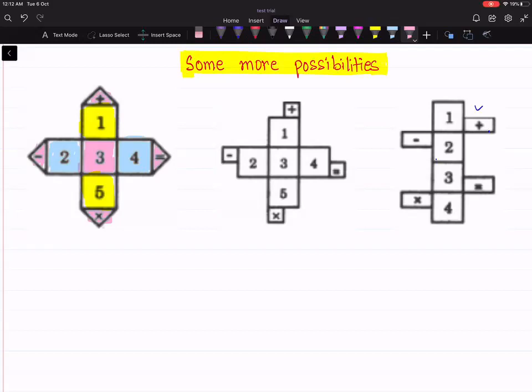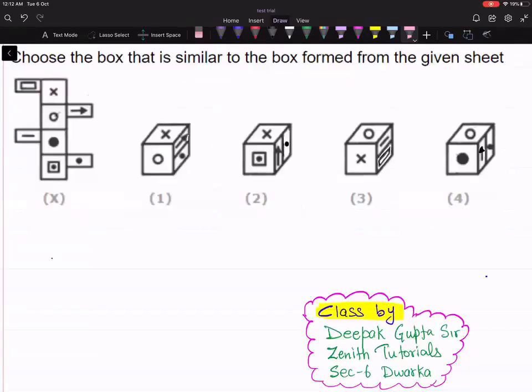So this is the question we are doing. First you will mark the opposite faces. So opposite to X is the circle, then opposite to empty circle is a square, and remaining these are your opposite faces, right? Same opposite face should not come in the same image.